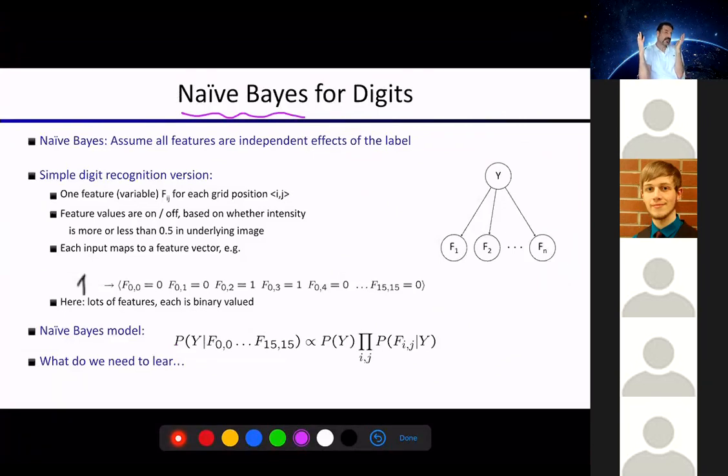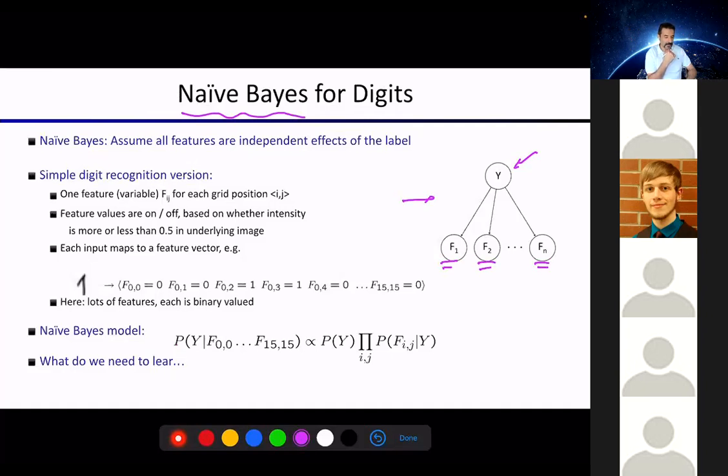Again, we have different types of model-based classifiers, but Naive Bayes is probably the most interesting one, and it is somehow related to what you have seen so far, perceptron and neural network. It has a specific structure. So this Y is the variable that determines the label, and these Fi are variables associated with the features, right?